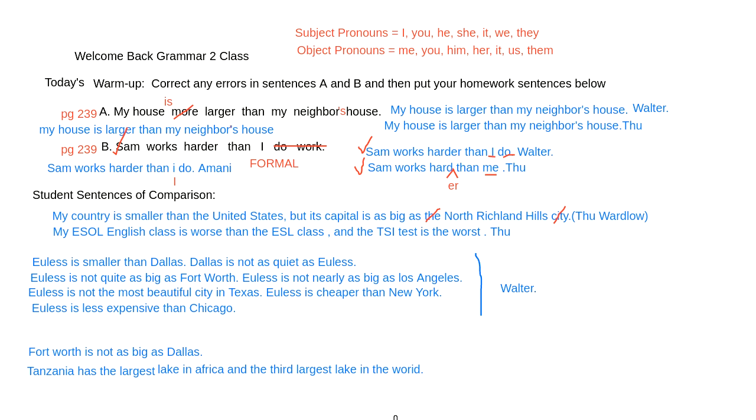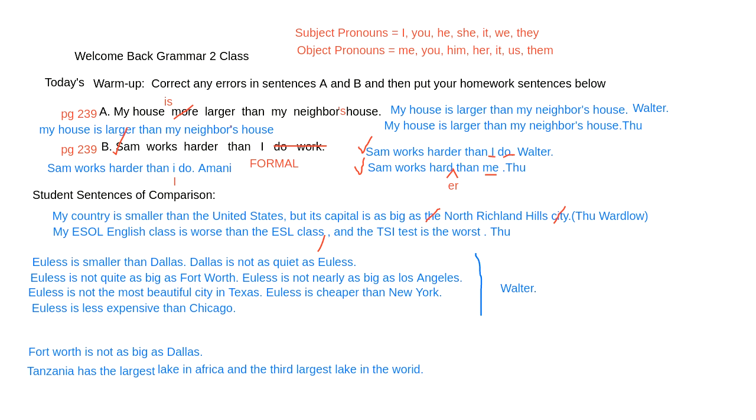So you used a superlative and you used a comparative. The only thing we don't need is this extra space. Is worse than the ESL class. Yeah, we'll leave it like that. I think that's pretty good.